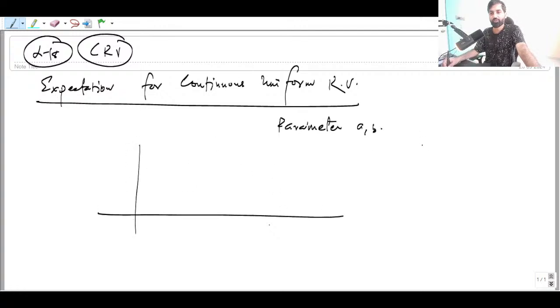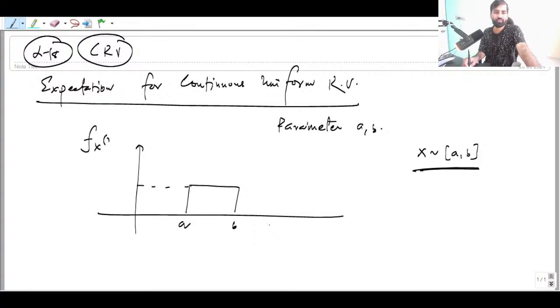Suppose the random variable takes values between a and b. This is the range: this is a and this is b, and the height is going to be the density function, 1 by b minus a. I have written this constant as 1 by b minus a because we want the area under the density function to be equal to 1.